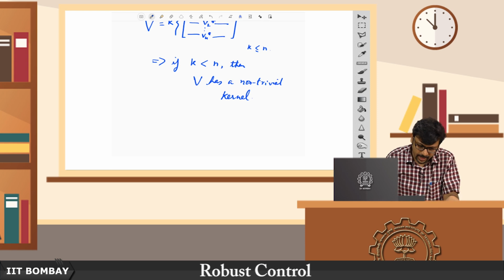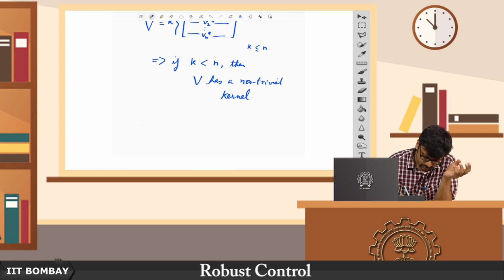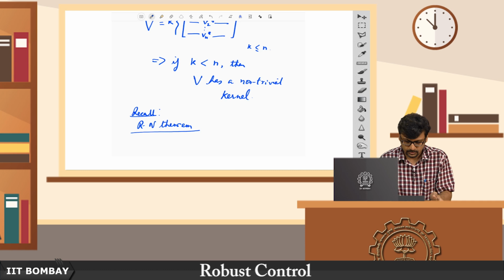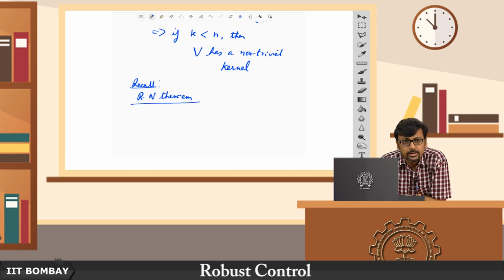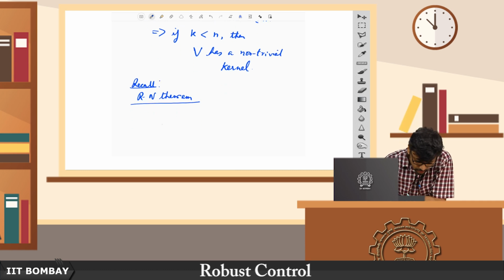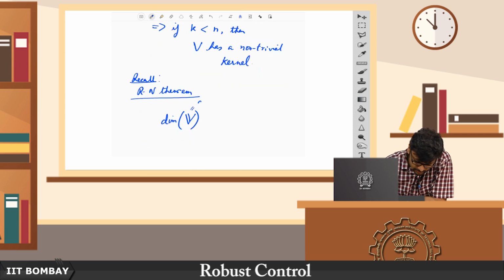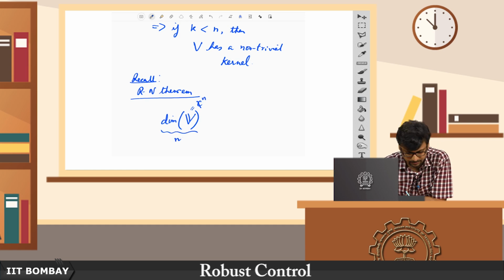Remember, the rank nullity theorem is something we have taken some pains to prove, even in the abstract sense. So, what do we know about the rank nullity theorem here? We know that the dimension of V, the domain, which in our case is C to the n, is equal to n.